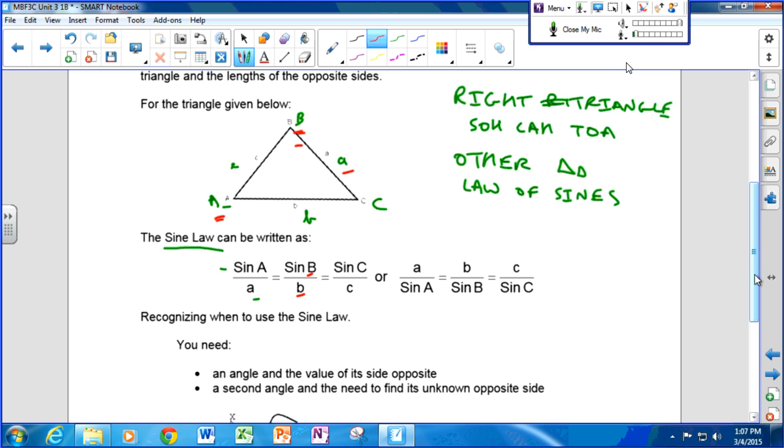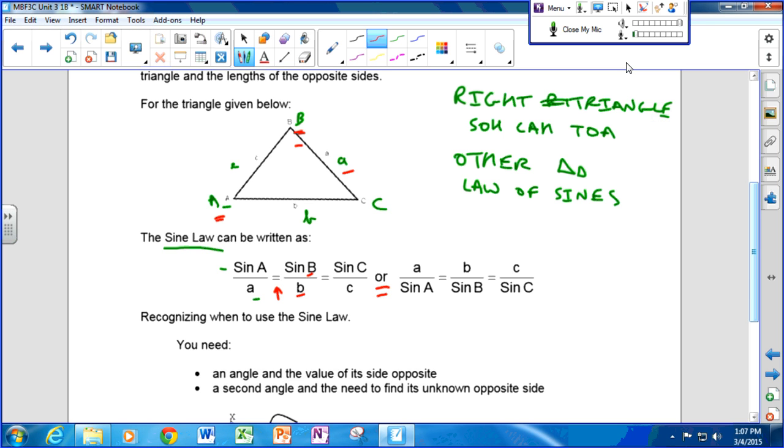Sine C. Now, the sine law, because it's a ratio, and remember that equal sign means that if we do something to one side of the equal sign, we can do the same thing to the other side, and it won't change the equality. So I could take the reciprocal, I could flip these fractions upside down, and that's where the or part comes in.